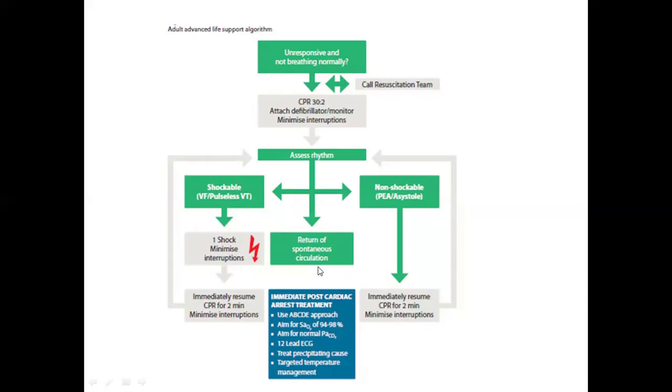That means if the patient's cardiac activity starts, we are going to do these things: ABCD assessments, saturation more than 94, and ABG or VBG, 12-lead ECG, chest X-ray, and treat the reversible causes, and temperature management, and probably intubation, and putting the patient in the ICU or the cath lab or anywhere, right?